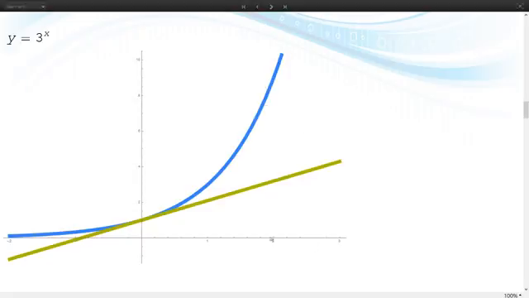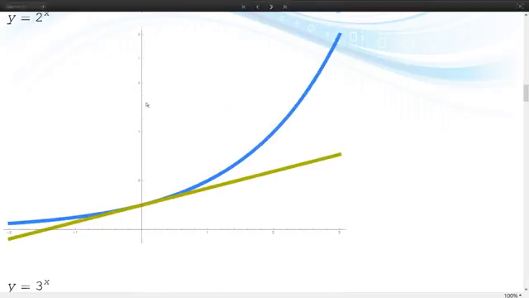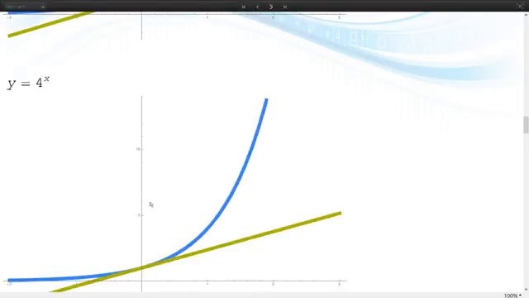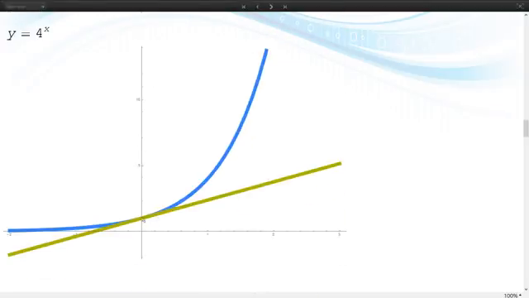Now, the axes are a little bit different scale between the 2 to the x graph and the 3 to the x graph, but the tangent line at the point 0, 1 turns out to have a slope a little bit bigger than 1. This is a slope of the natural log of 3. And 4 to the x, if we did the same thing, we'd have the natural log of 4 as the slope of our tangent line.